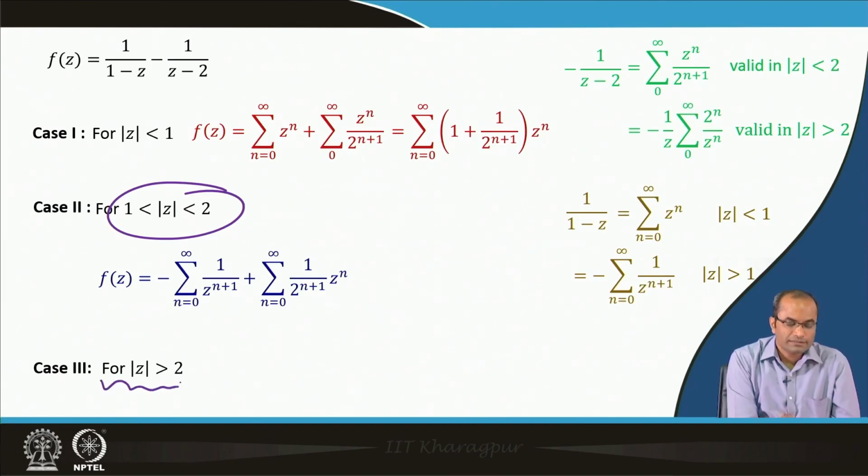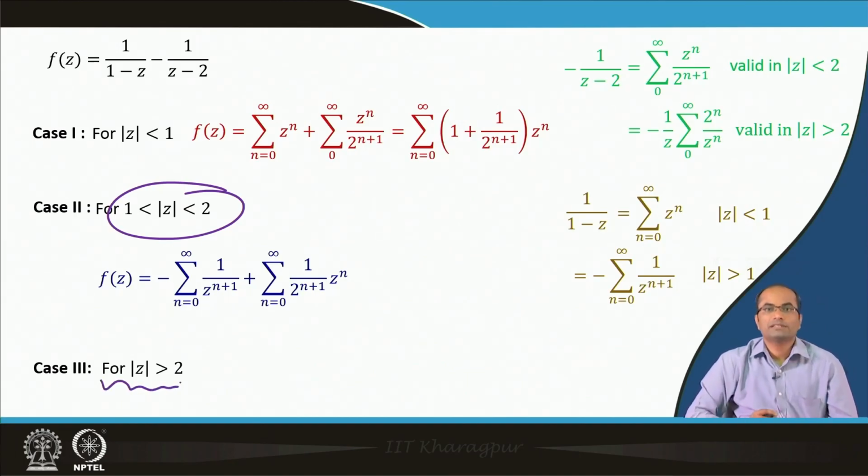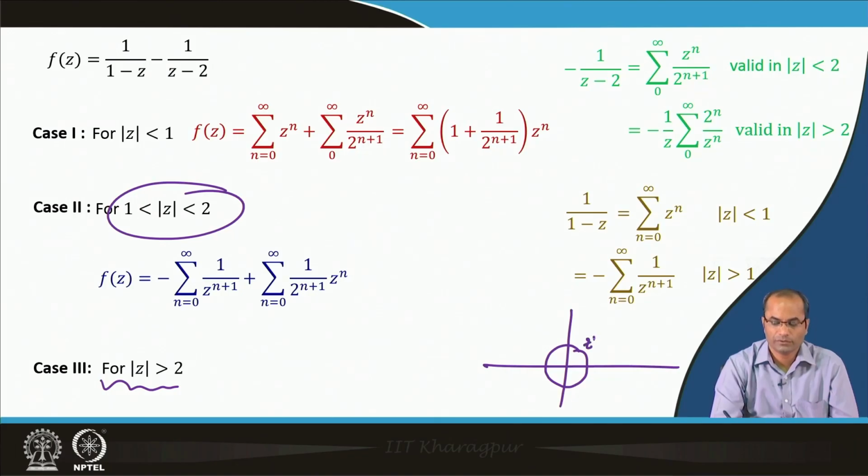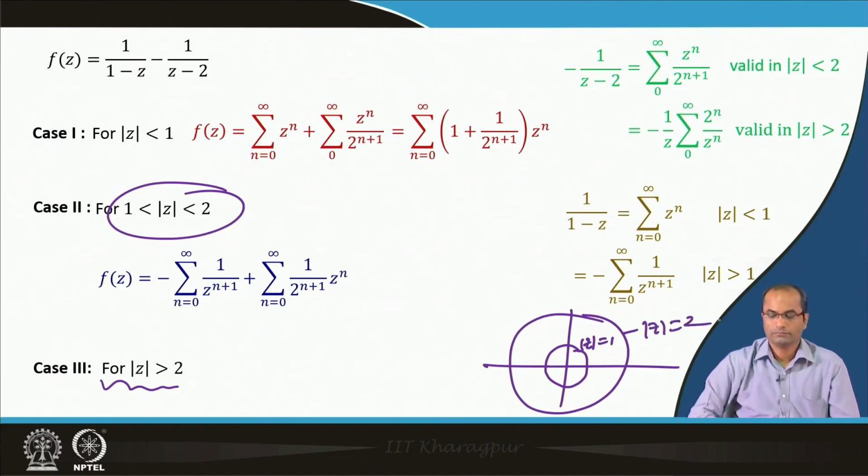The third case is when mod z is greater than 2. Basically, here we have 3 regions: one with radius 1, mod z equal to 1, and one with mod z equal to 2.